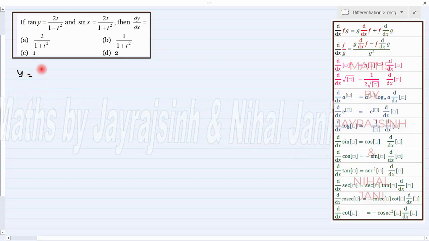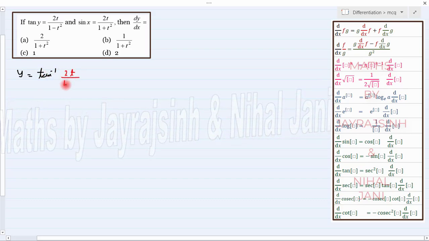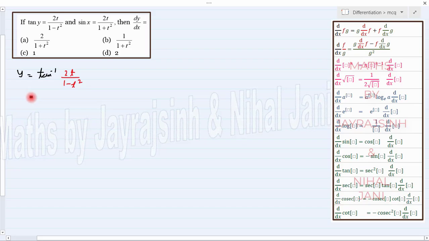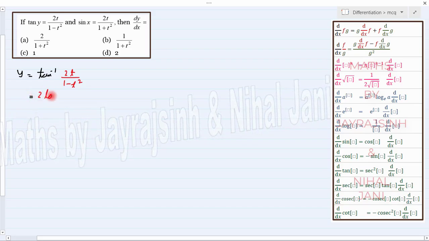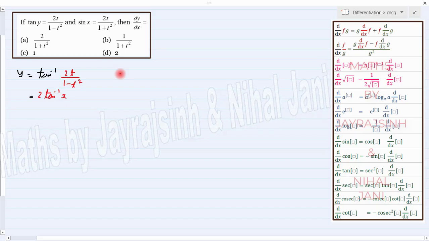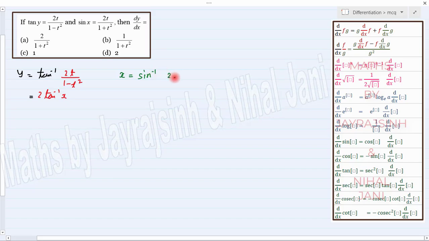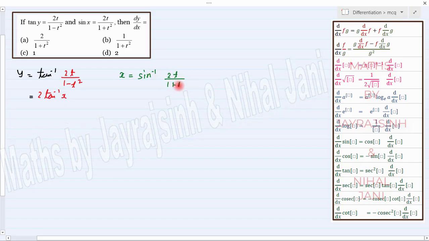We can say y is equal to tan inverse of 2t upon (1 minus t square), which can be rewritten as 2 tan inverse t. Similarly, we can say x is simply sine inverse of 2t upon (1 plus t square).